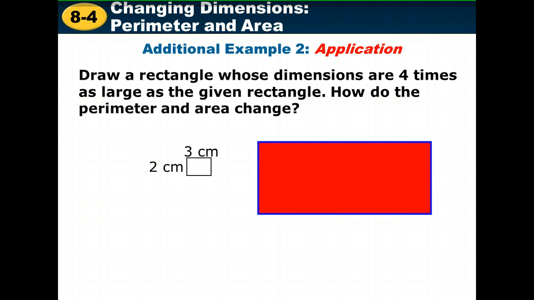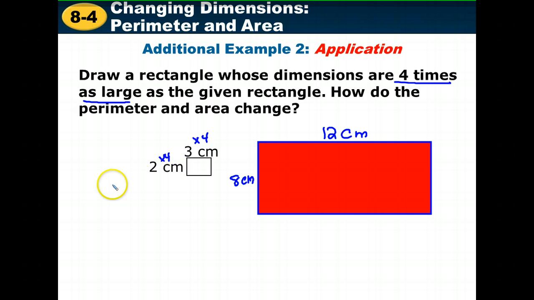All right, so here's my new rectangle. And it says that the dimension is 4 times as large as the given one. So that means here I have to multiply everything by 4 because I'm quadrupling the dimensions. So the base here will be 12 centimeters and the height here will become 8 centimeters. Now we need to see how it will affect the perimeter.